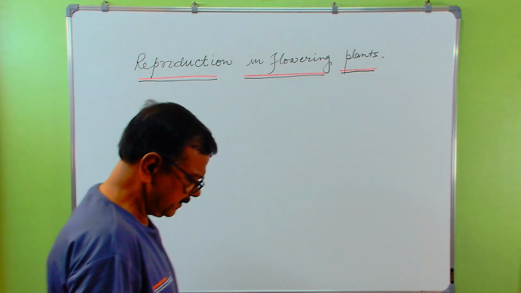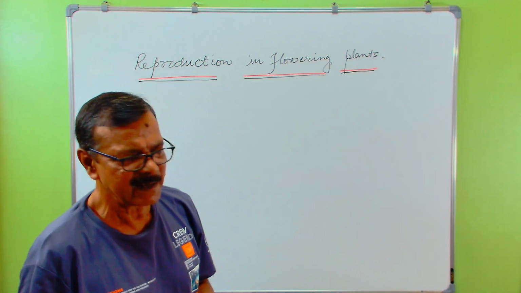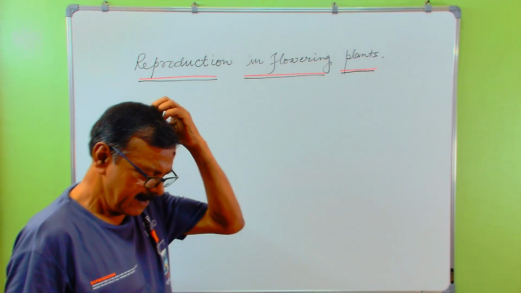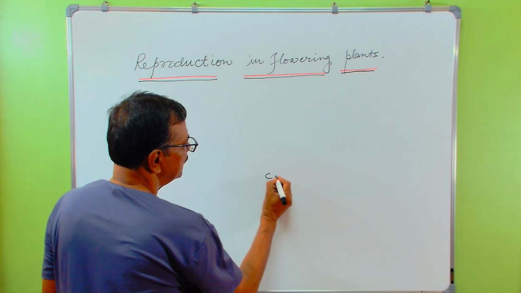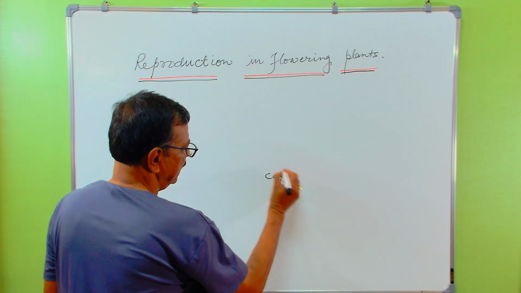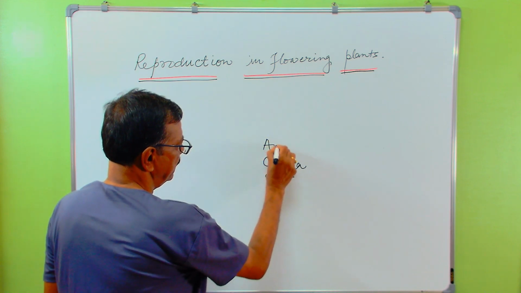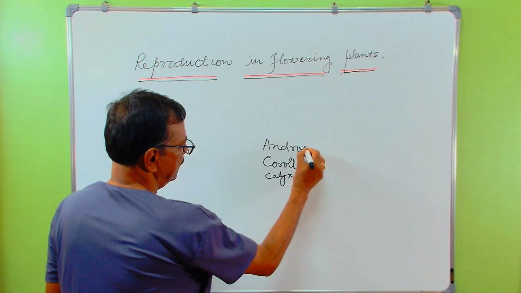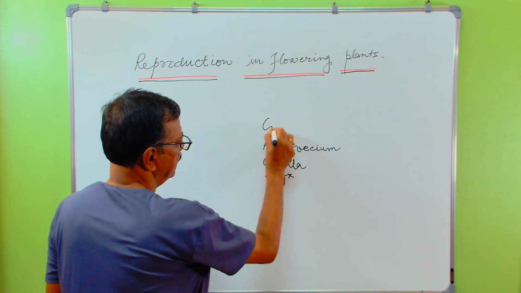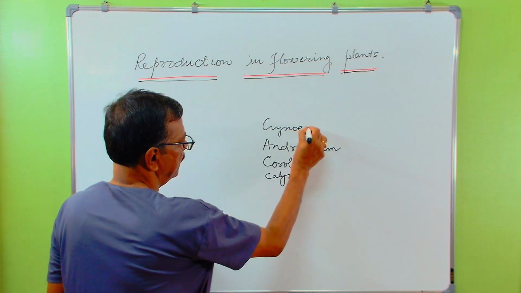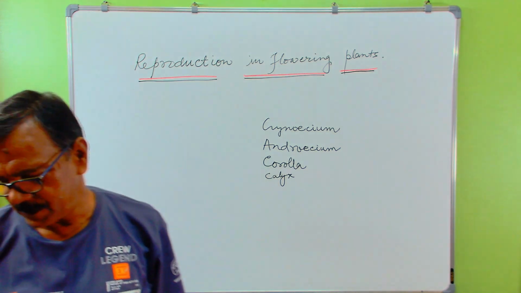As you know, the flower has four parts. From class 8 you have studied that a flower is made up of calyx, corolla, androecium and gynoecium.